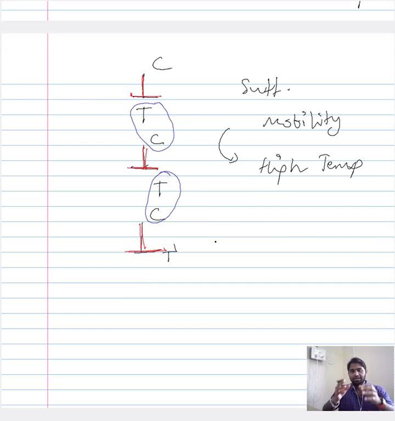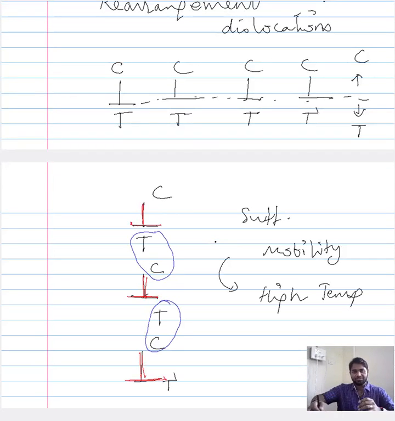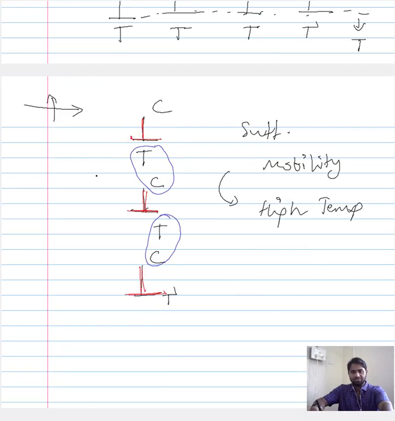If you look into these two arrangements, in addition to the gliding that happens along the horizontal direction, you need to have something called climb, meaning for these dislocations to arrange themselves in this manner, in addition to the glide along the horizontal direction, you need to have climb in the vertical direction, so as to establish an arrangement like this.